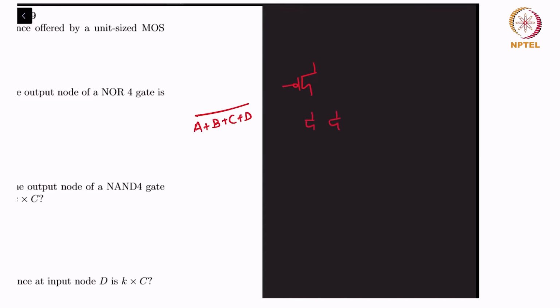It's 1, 2, 3, 4 NMOSes in parallel, right? And they all have size 1 each. We will use a different color for that. But on the P side, since it's the dual, these will all be in series.